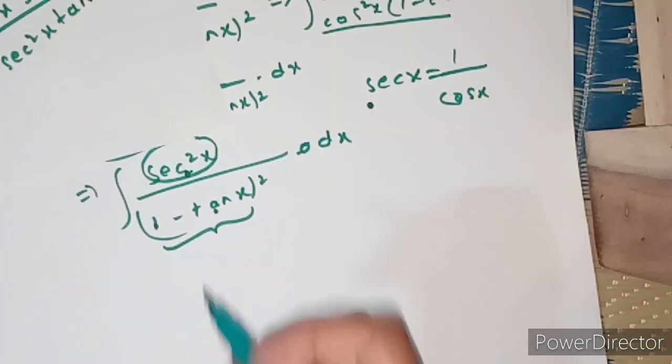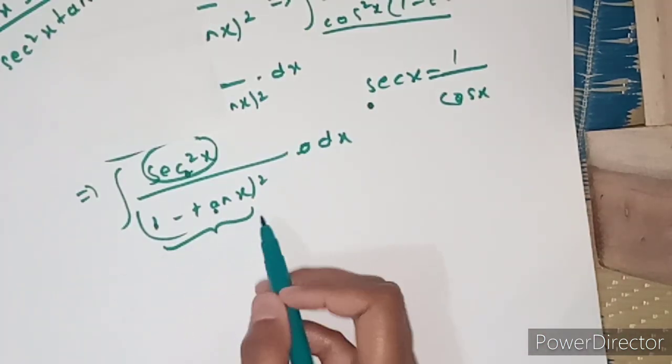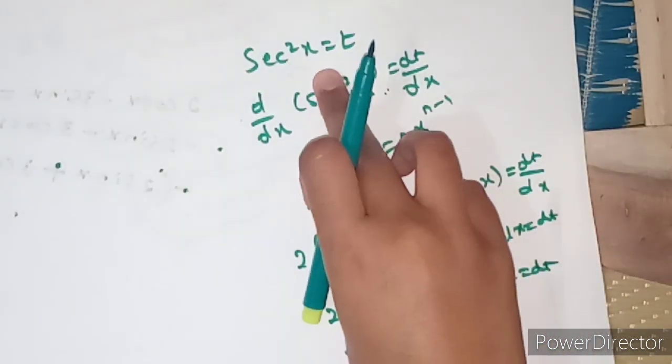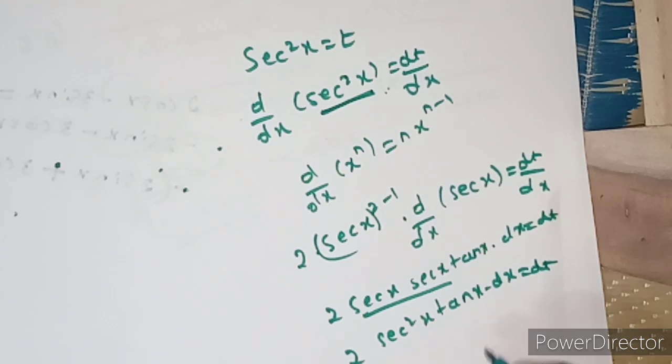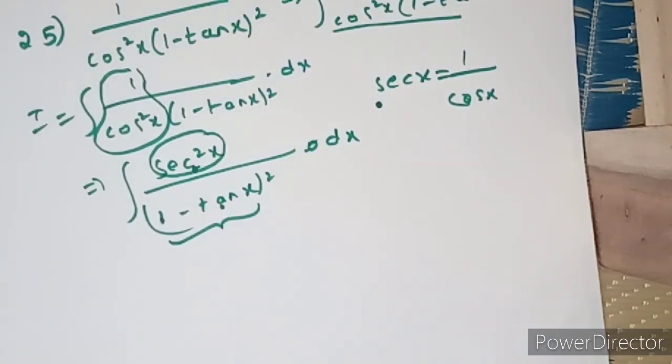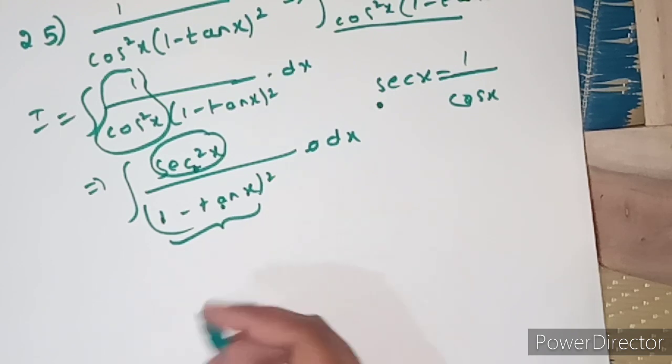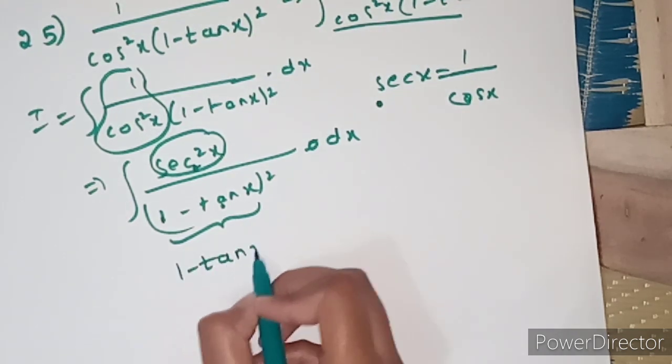In the question we have only 1 minus tan x, but if I take secant square x as t, we have not got any 1 minus tan x to substitute and to solve. So here we cannot take secant square x as t, okay. So take this function as t. 1 minus tan x is equal to t.